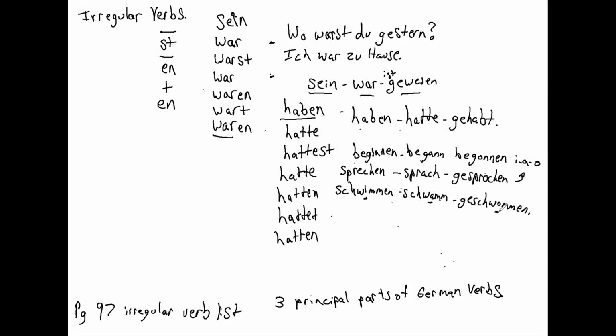And so there's a lot of verbs in German that have this same pattern. And if you recognize that pattern, then you can memorize these verbs a little bit easier rather than having to overthink things. Unfortunately, not all verbs that have an I in the infinitive or in the present tense are going to have this same pattern. So you have a lot of other verbs that do different things.